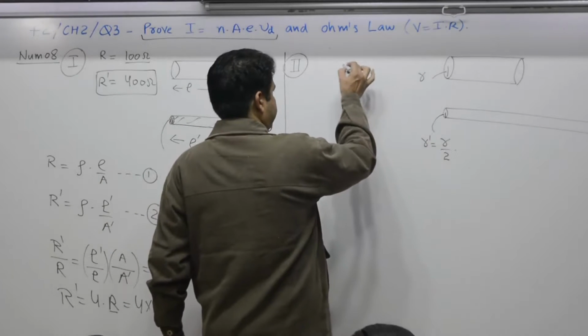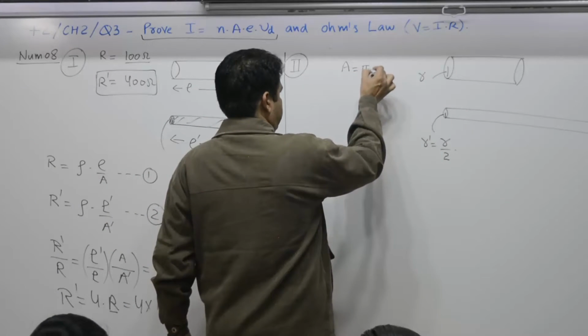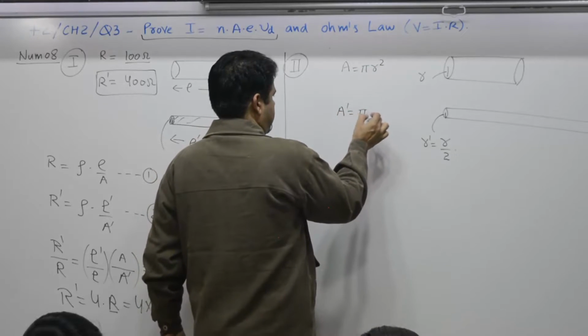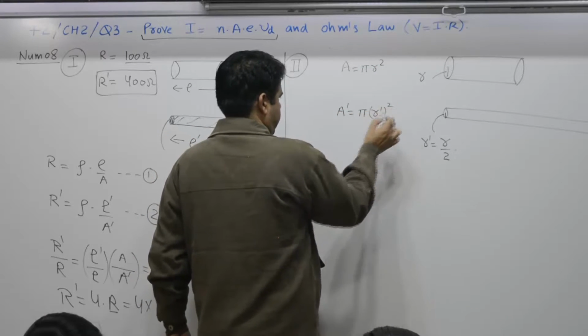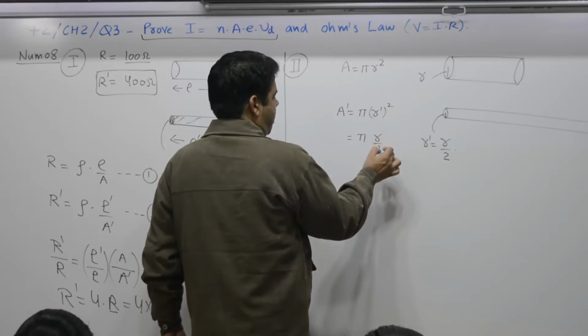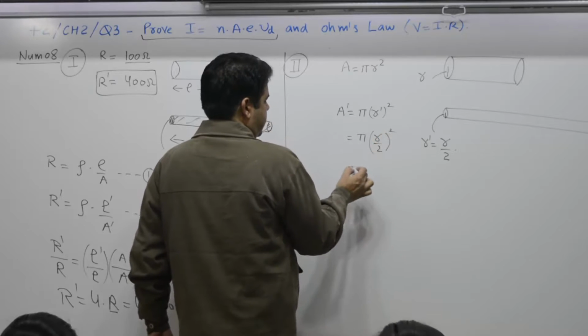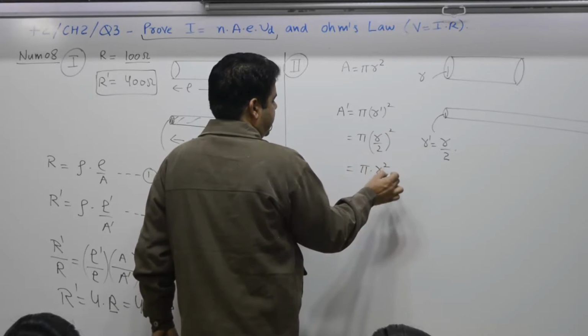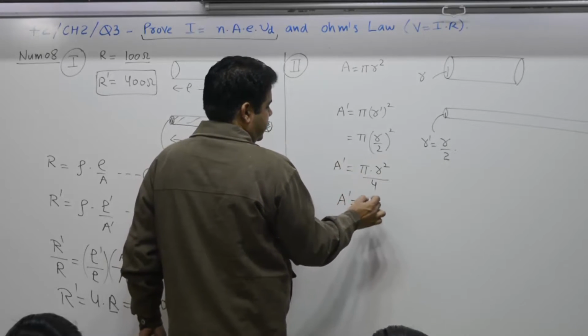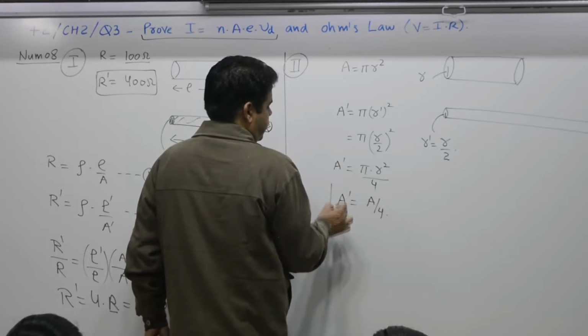What is area for the first one? Pi r square. What is area for the second case? Pi r dash square. R dash is half, so pi into r by 2 whole square is equal to what? Pi r square by 4. New area A dash is 1 by 4.